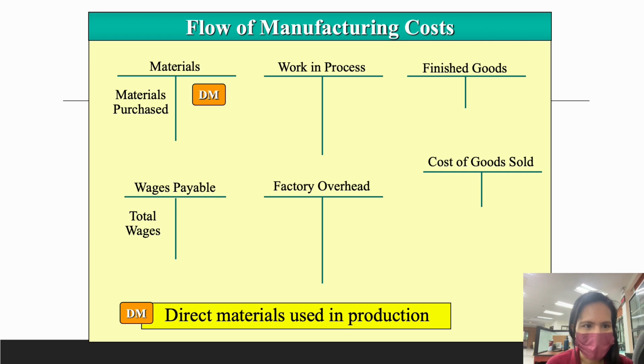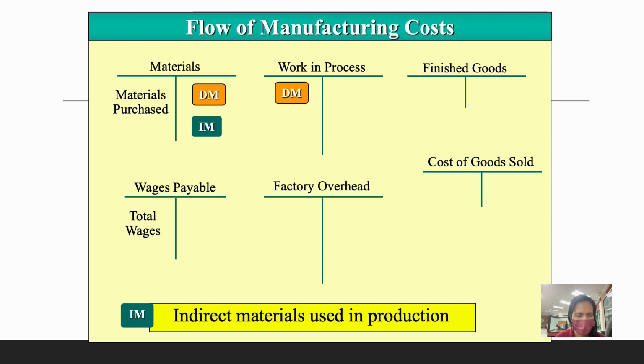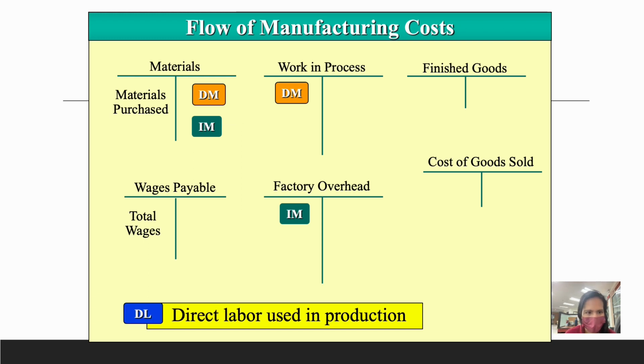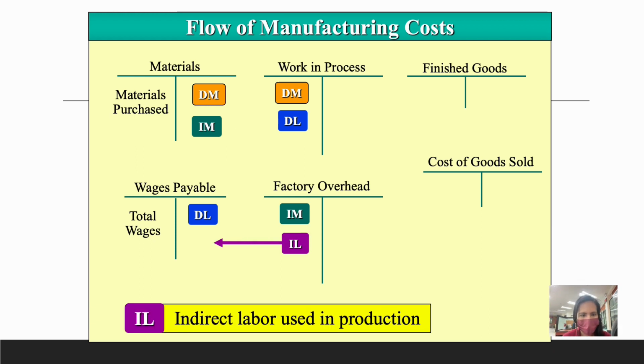Okay, so here, as you can see, we have the direct materials and the indirect materials. The direct materials will be put to work in process, while the indirect materials will be seen in the factory overhead. The direct labor you can see in the work in process, and the indirect labor you can see in the factory overhead.